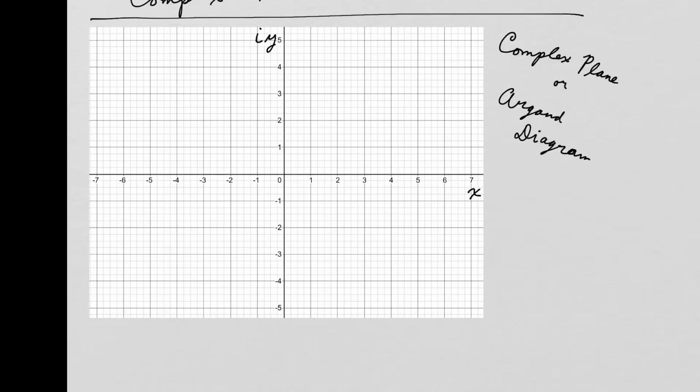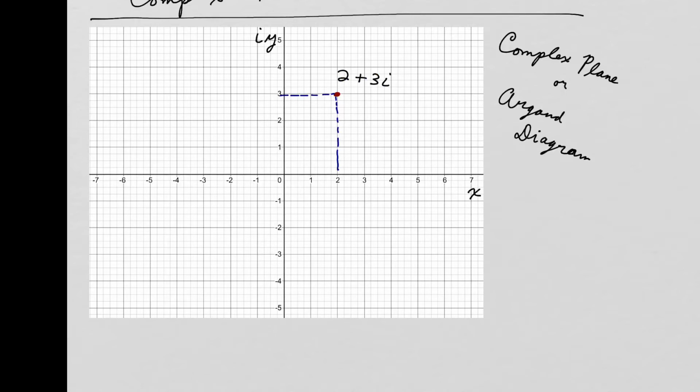So what you do basically is you plot the real part on the x-axis and you plot the imaginary part on the iy axis. So for instance, let's say the point ends up being right here. This would be the complex number 2 plus 3i.